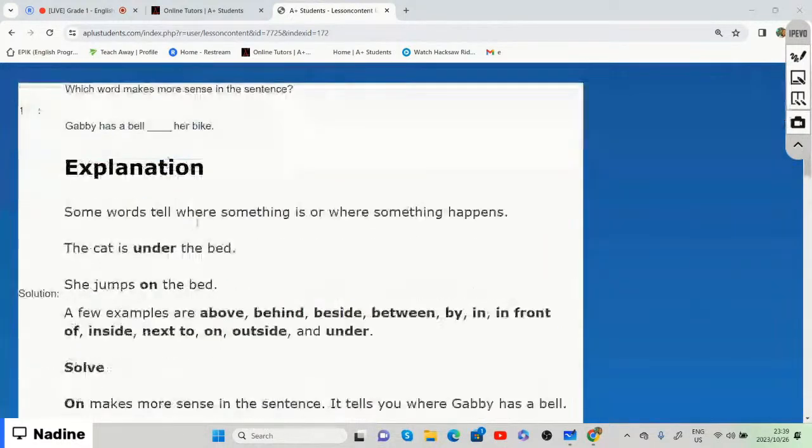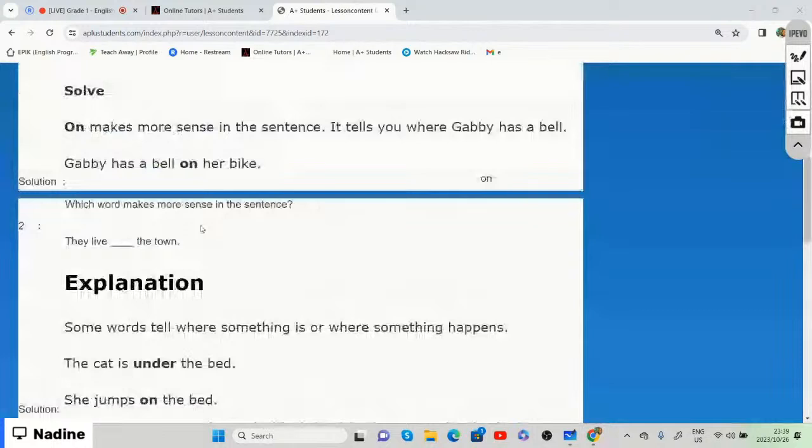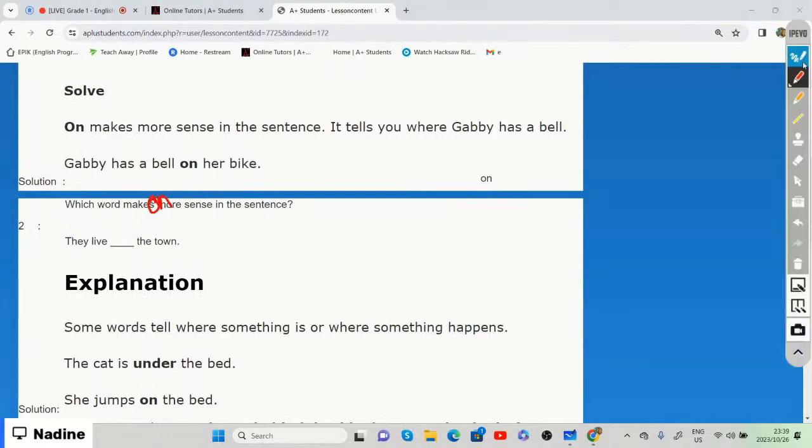So which word? They live town. If they live town, then we can say they live outside town. So where do they live? They're living outside of town.